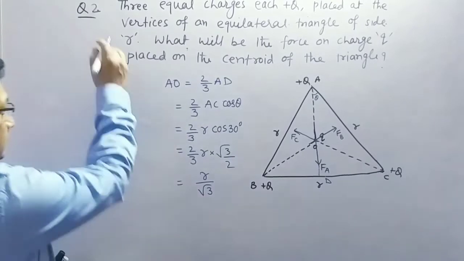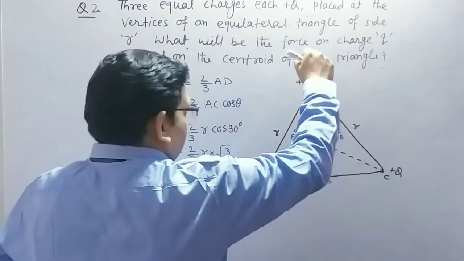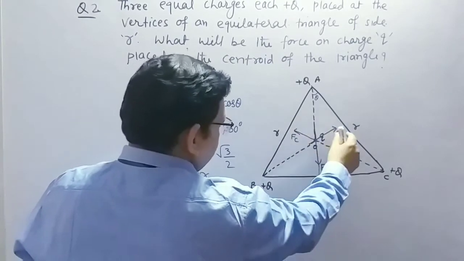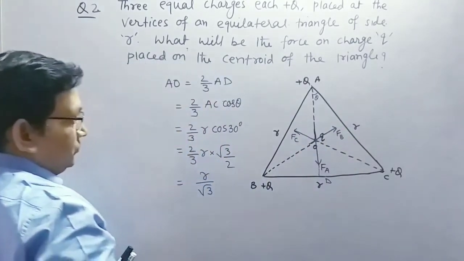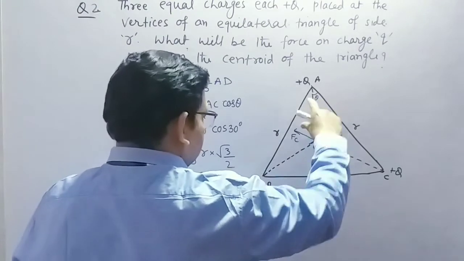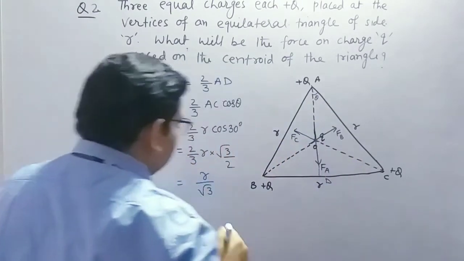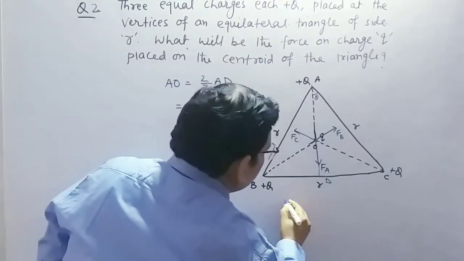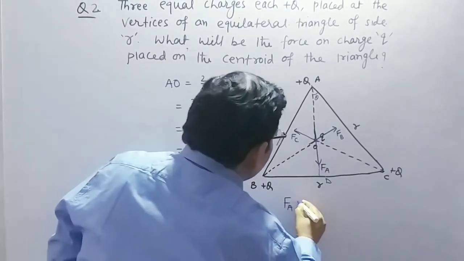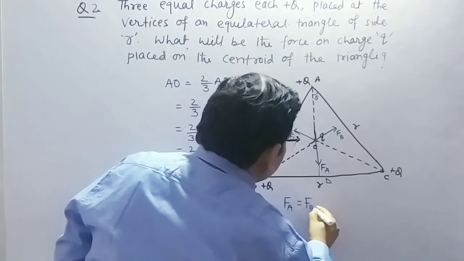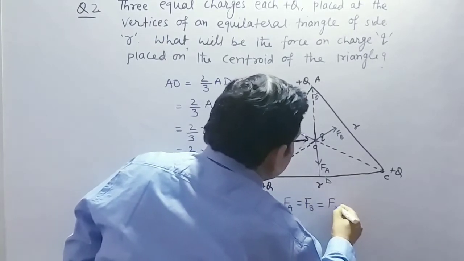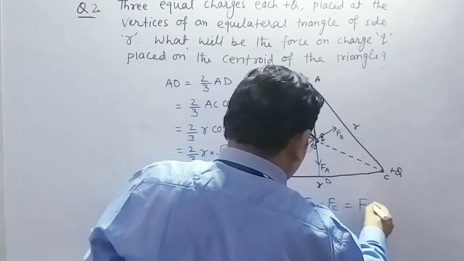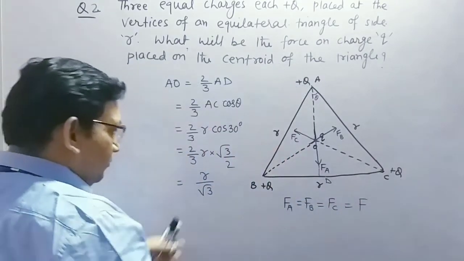Now the forces, force A, force B, and force C, are all equal in magnitude, because the distance as well as the magnitude of charge is the same. So one can write force A is also equal to force B, which is also equal to force C, and say all these forces are equal to force F. Now calculate one of the forces.